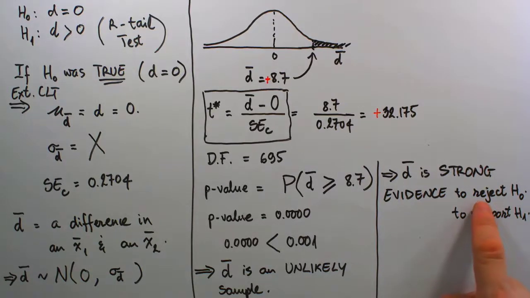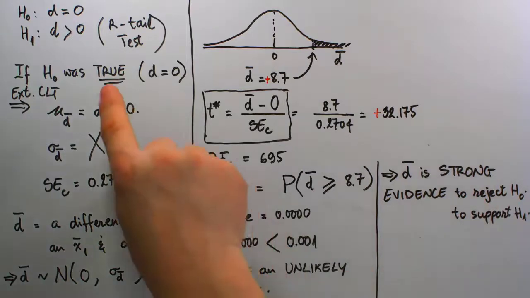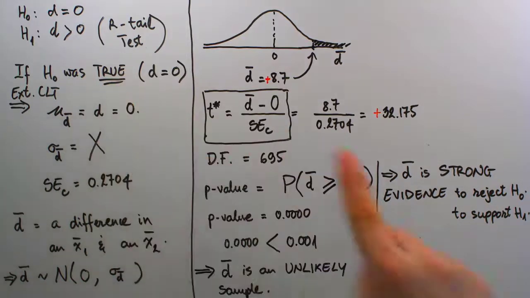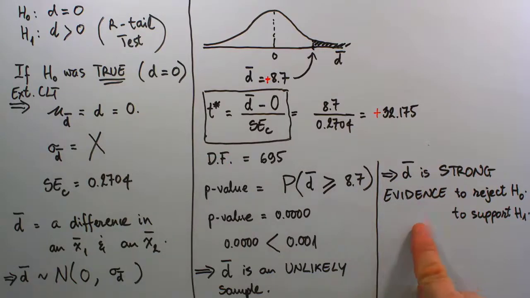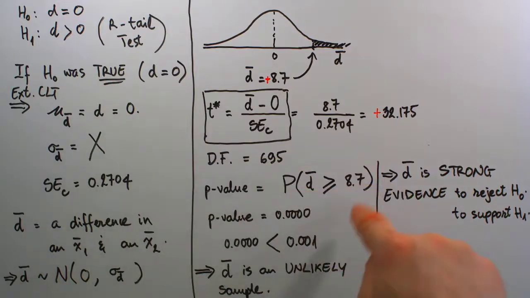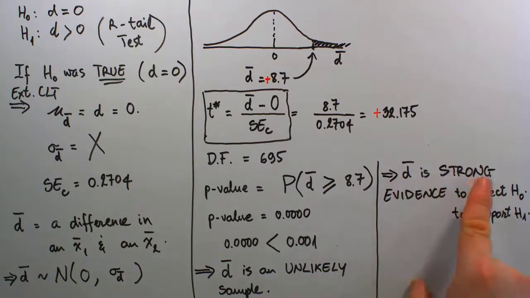I'm saying we reject h sub 0 because h sub 0 in the beginning was accepted to be the truth, and now with d bar being strong evidence, we are rejecting h sub 0, because accepting h sub 0 as the truth here led to all these conflicts, and consequently the p-value is falling below 0.001 and making our sample a very unlikely sample, and that's why our sample is strong evidence to reject h sub 0.